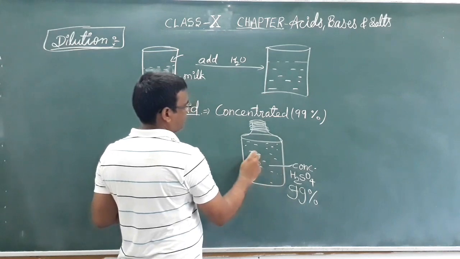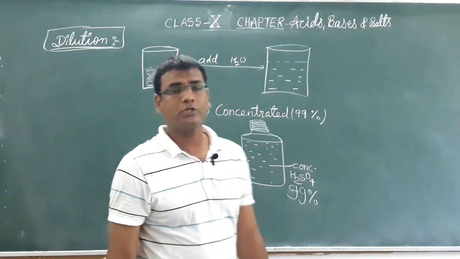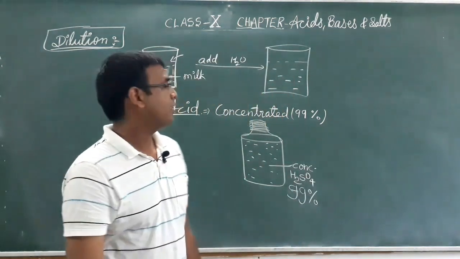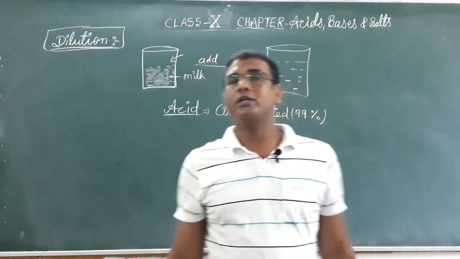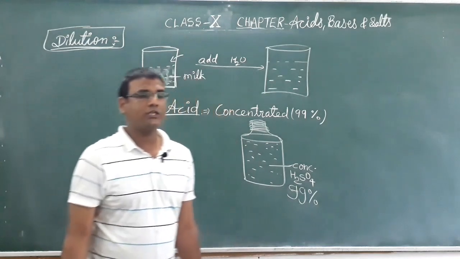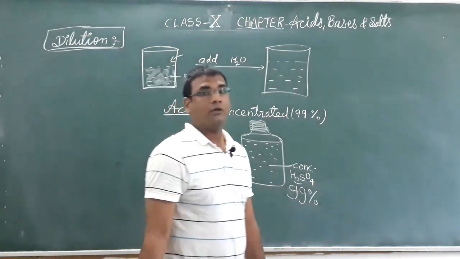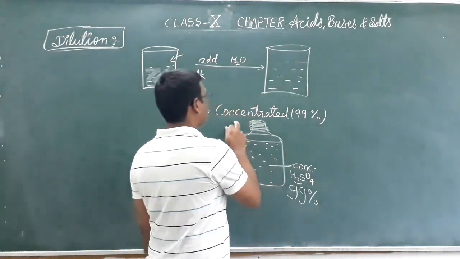Now this sample cannot be given directly to the students because it is harmful for them. If by mistake, by accident, they drop it on their skin, on their body parts, or on their clothes, it may damage. Okay, so it cannot be given to the students directly.